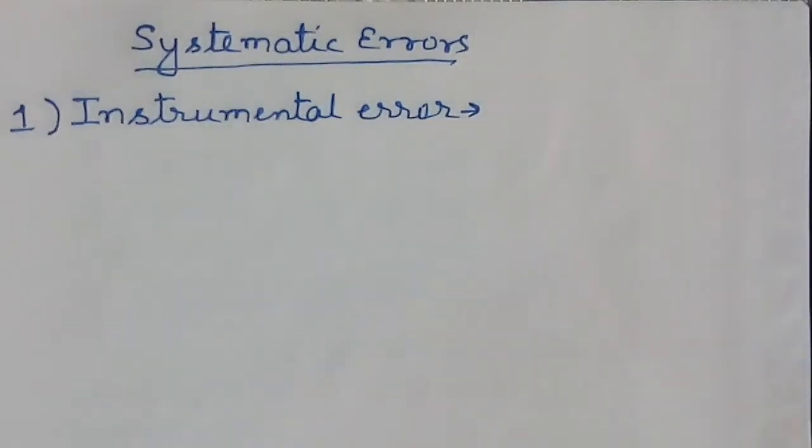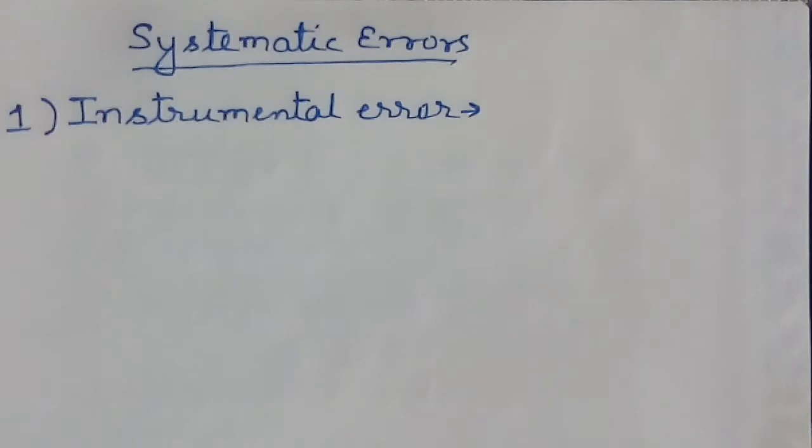Now the instrument which we are using is not perfect. Suppose we are using a scale and with the help of that we are measuring certain things, but the calibrations in the instrument or the scale got damaged, so we will not get the correct reading.